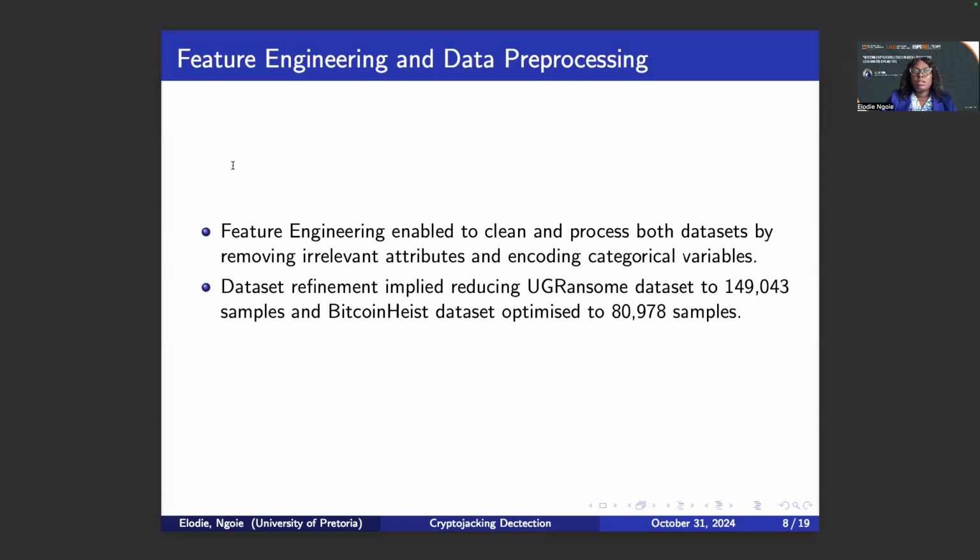This refinement helped us to reduce the UGRansome dataset to approximately 149,000 samples, and the BitcoinHeist dataset to about 80,000 samples. This is to streamline our data for improved performance and accuracy.